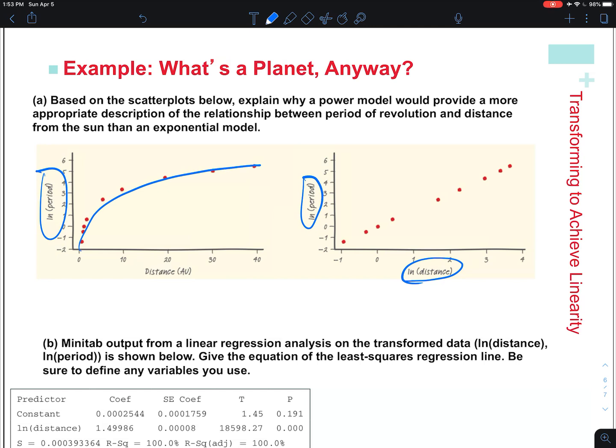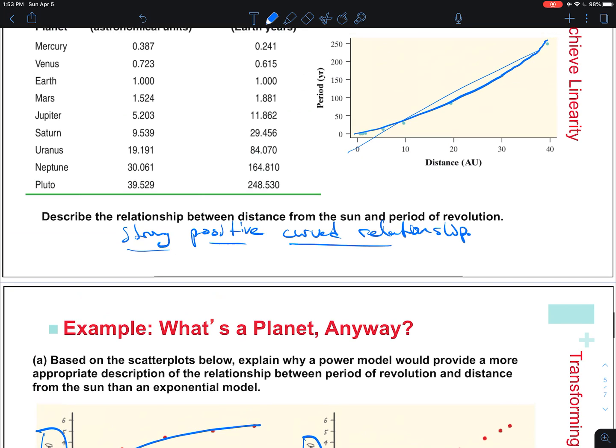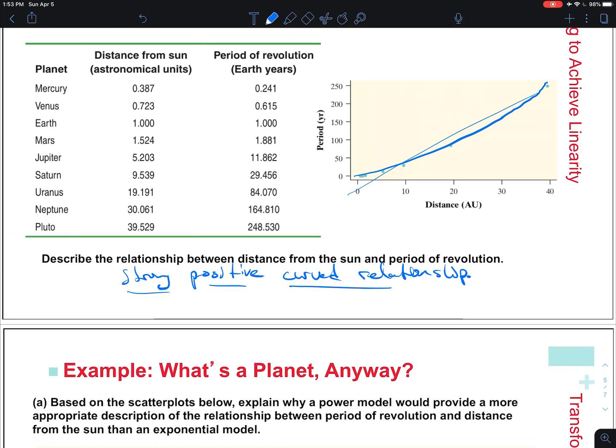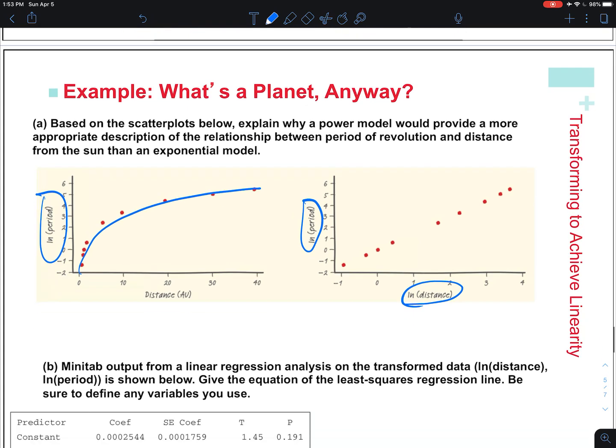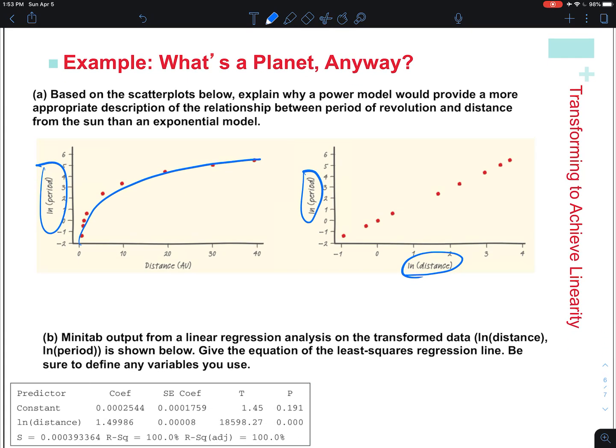Because if this happens to be some sort of power relationship, squared, cubed, fourth degree, whatever it is, if you log both sides, it's going to transform it and eliminate the effect of the power. So logging both is going to be your strategy when you've got some sort of power relationship.